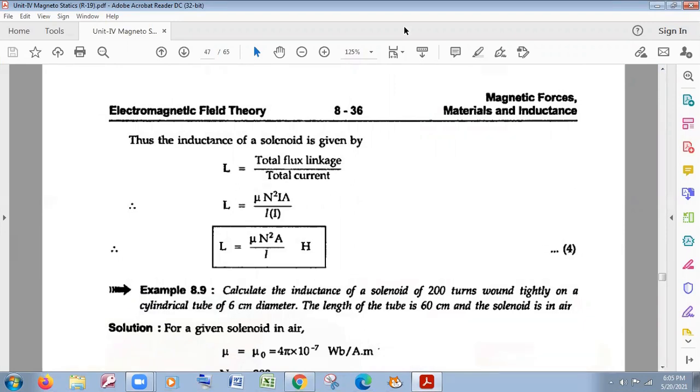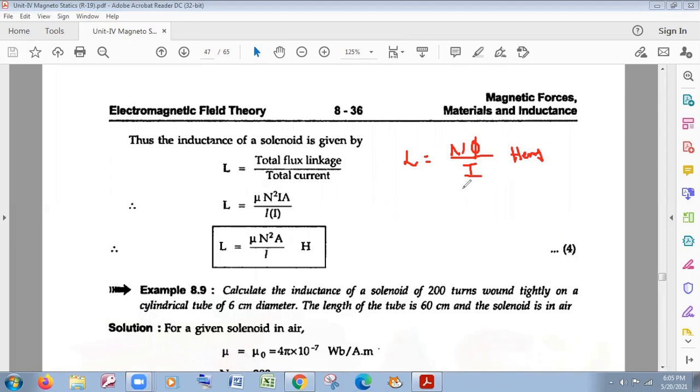Actually, what does the total flux linkage mean? L is equal to N phi by I, where the total flux is N phi and I is the total current.